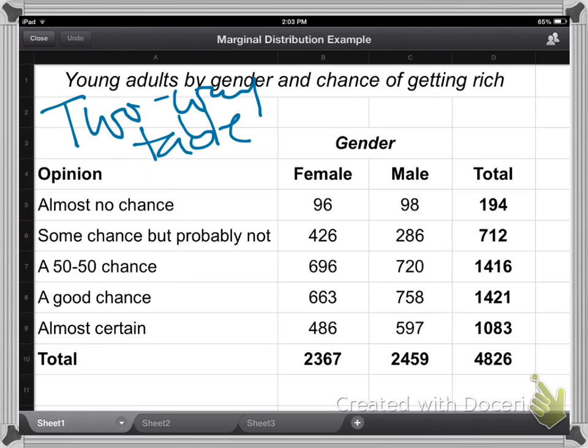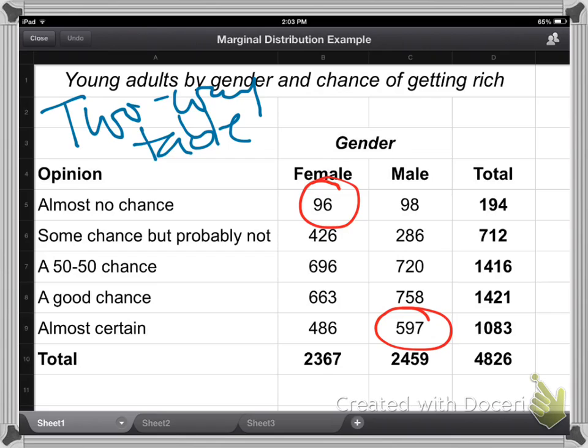So then once each person responded to the survey, their response would be recorded into one of the cells within this two-way table. Any female who said that there was almost no chance of becoming rich, their response would be recorded in this cell. Any male that said that they would almost certainly become rich would be recorded in this cell, and so on and so forth.